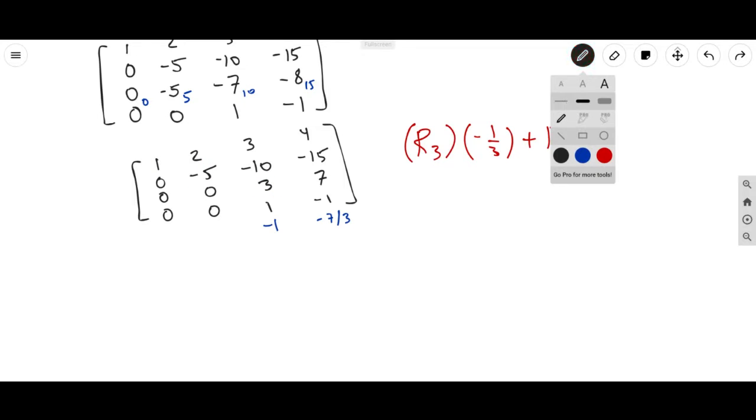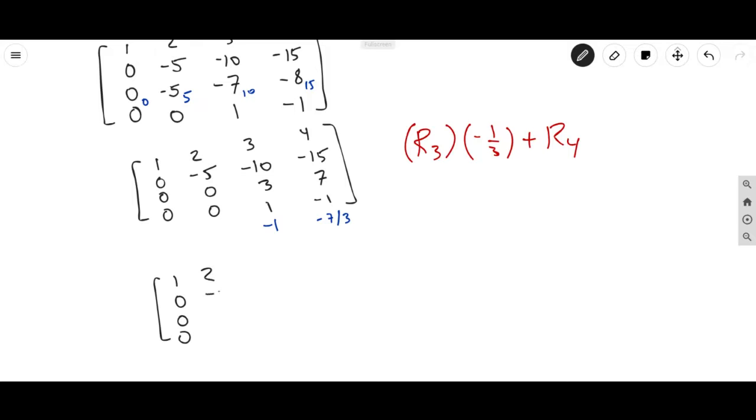And by doing that, we end up with 1, 0, 0, 0, 2, negative 5, 0, 0, 3, negative 10, 3, 0, and then 4, negative 15, 7, and this one's a little bit of a small computation, so that would be negative 10 over 3. Okay, that's what we get.